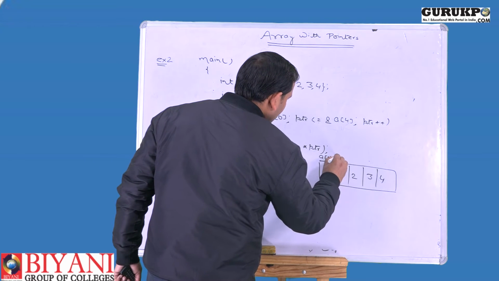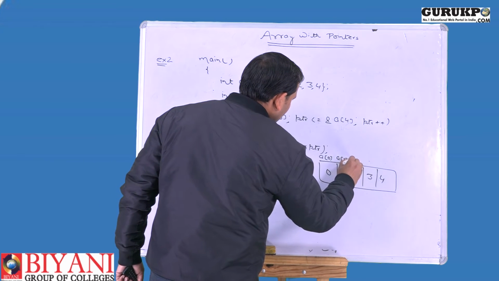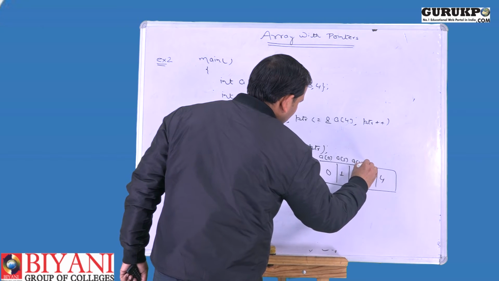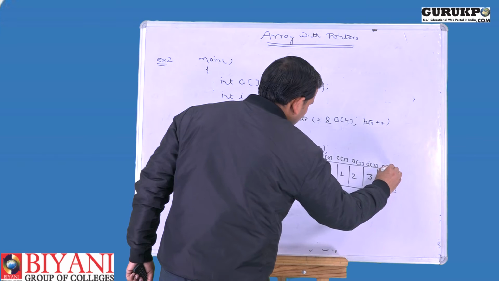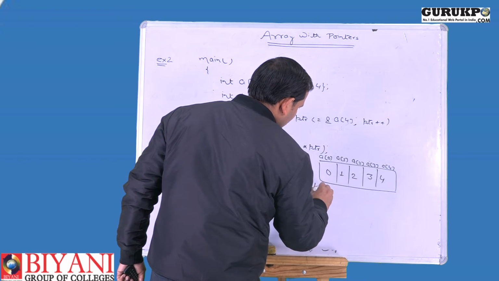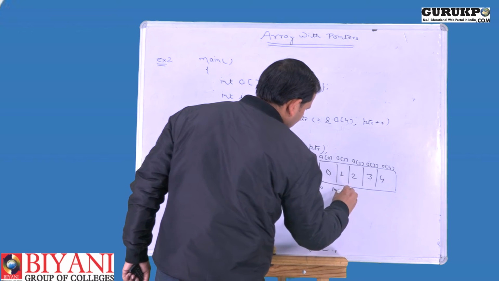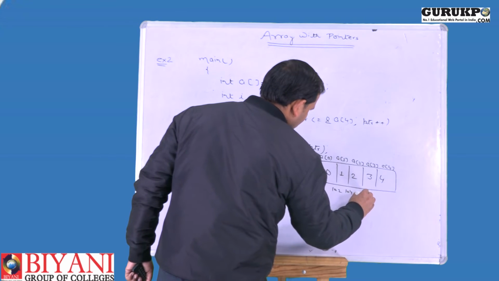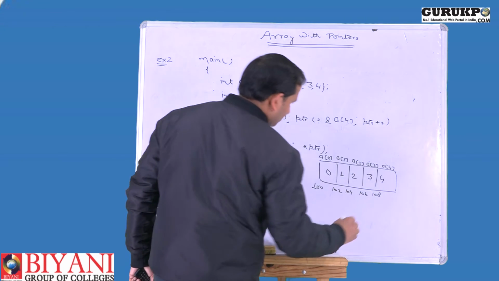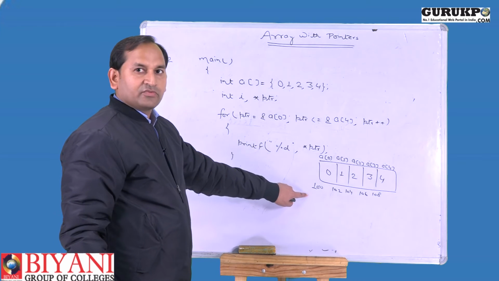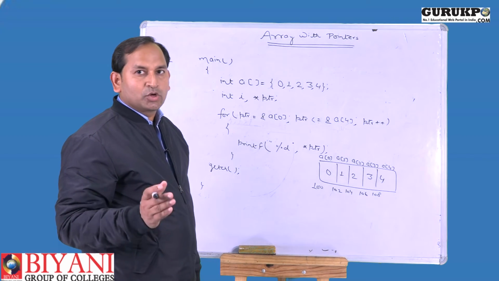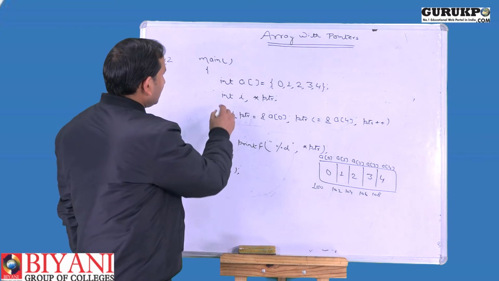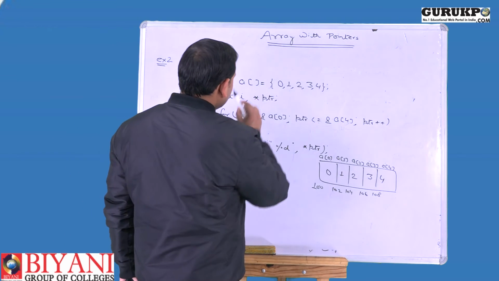A of 0 is the base address of the array, and we already know array elements are stored in consecutive memory locations. So this is the memory map of this array.